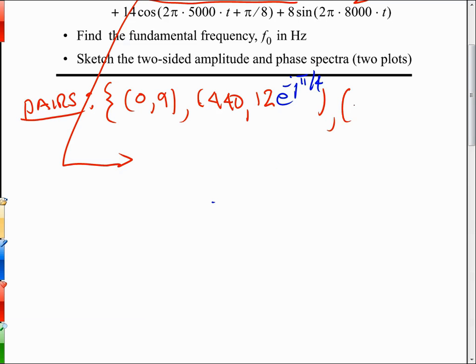Okay, so the next one is the minus 440. And it just follows suit from the first one, because what is that next amplitude? It's the conjugate of the first one, right?